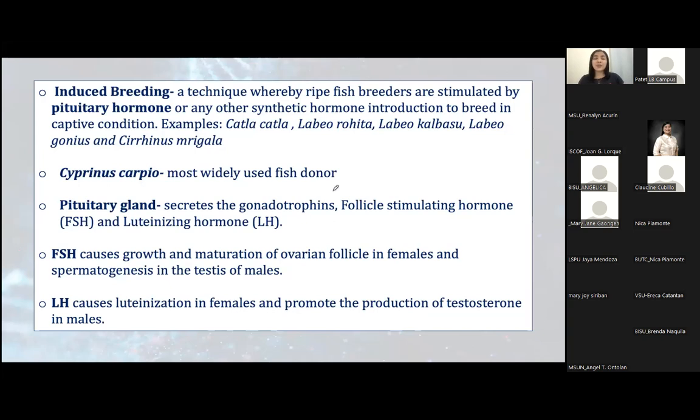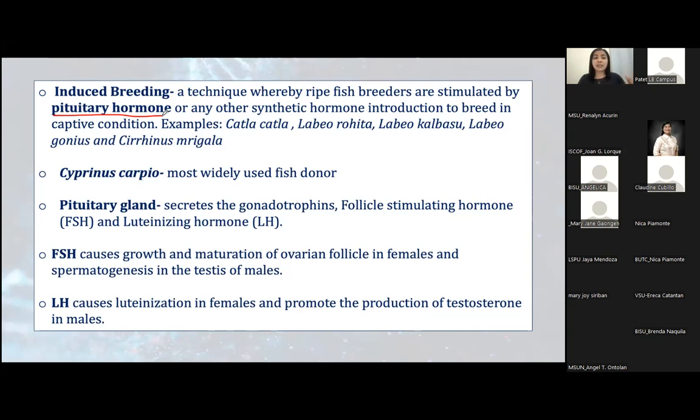So why? Induced breeding is a technique whereby ripe fish breeders are stimulated by pituitary hormone. Tandaan nyo to ha, pituitary hormone, of course, from the pituitary gland, which can be seen on the head of the fish.